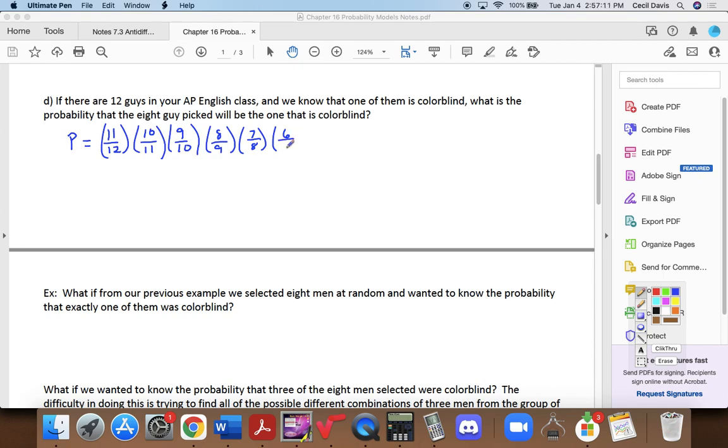The sixth guy is 6 out of 7. Seventh guy is 5 out of 6. And then the eighth guy is 1 out of 5. Wait, don't you switch it because you want him to become colorblind? Oh, sorry.